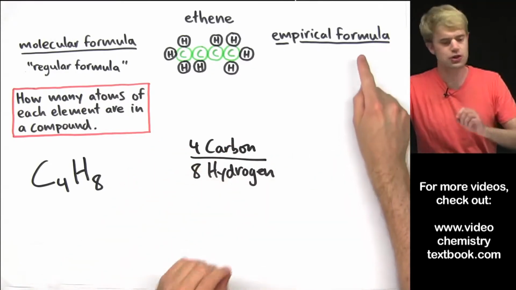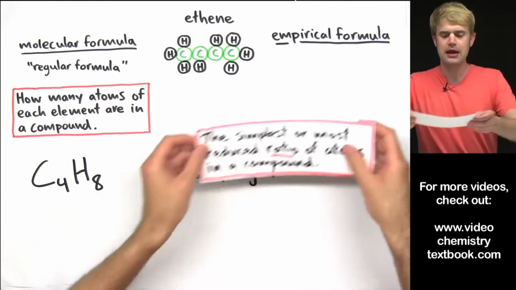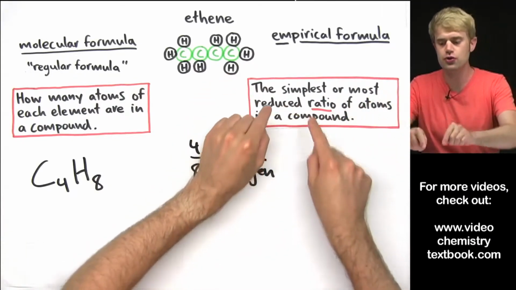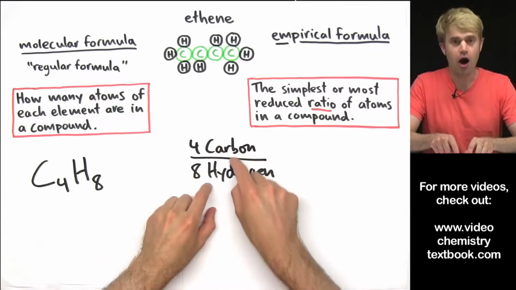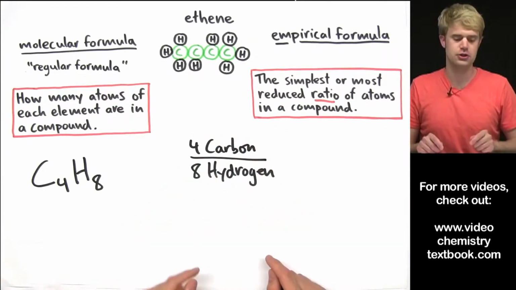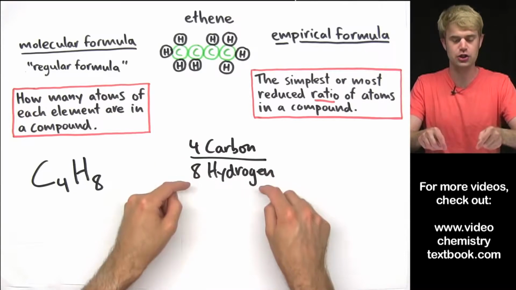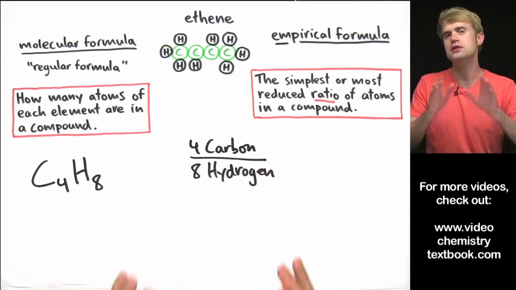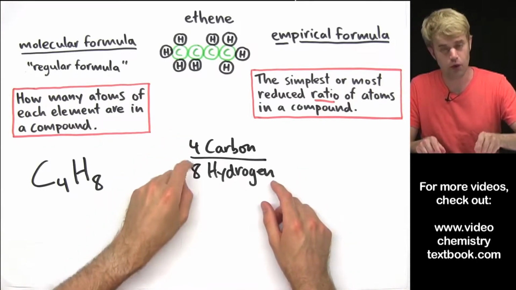Now, what's special about the empirical formula is it tells us the simplest or most reduced ratio of the atoms in a compound. So if this ratio or fraction here were on your math homework, how would you write this in the simplest or most reduced form?